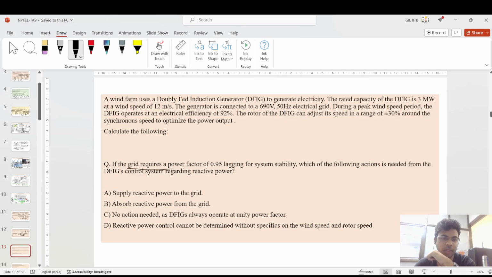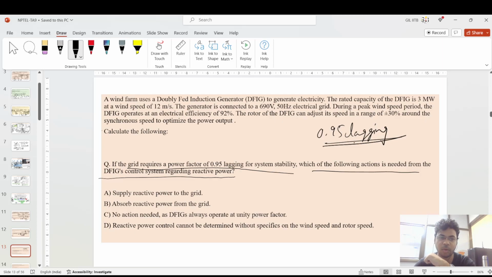The answer is A, B, C, D. Let me check. What the question is saying is that if the grid requires a power factor of 0.95 lagging for grid stability, which of the following actions is needed from the DFIG control system regarding reactive power? So from the grid side, a 0.95 lagging power factor is there.